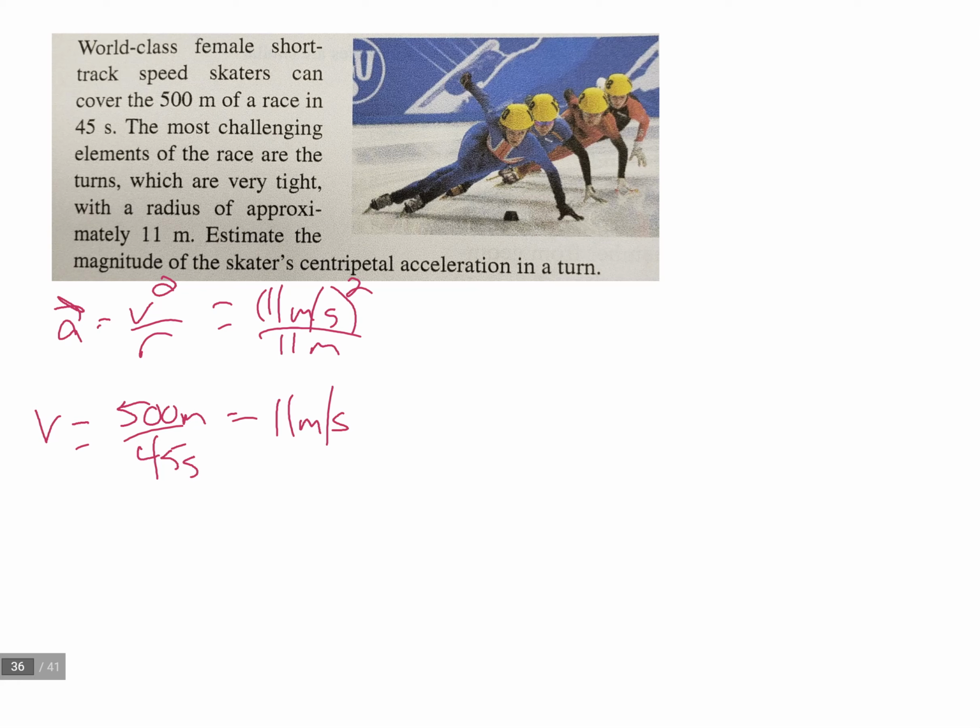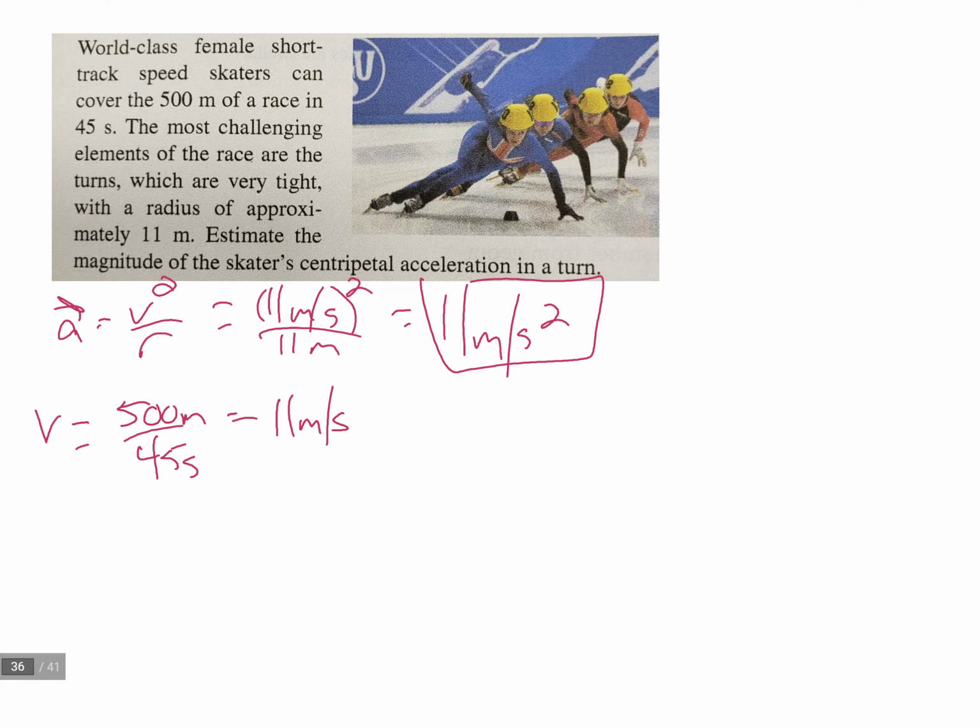And then the units here wind up being meters squared per second squared, but meters squared divided by meters is going to be just meters. So I have 11 meters per second squared. That's your acceleration. Okay? Toward the center. Acceleration is to the center of the circle.